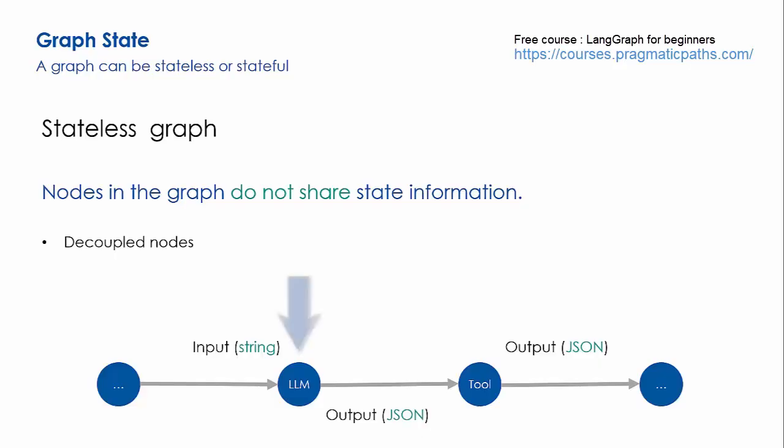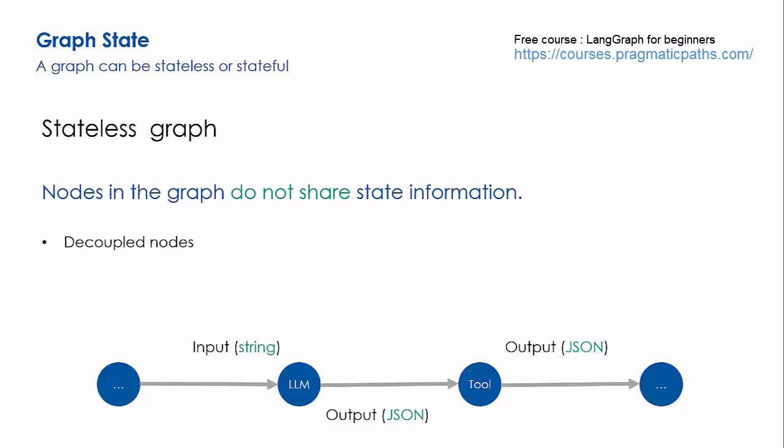In this illustration, an LLM may expect a string and output a JSON. This output from the LLM is flowing into a tool which is then generating a JSON output.